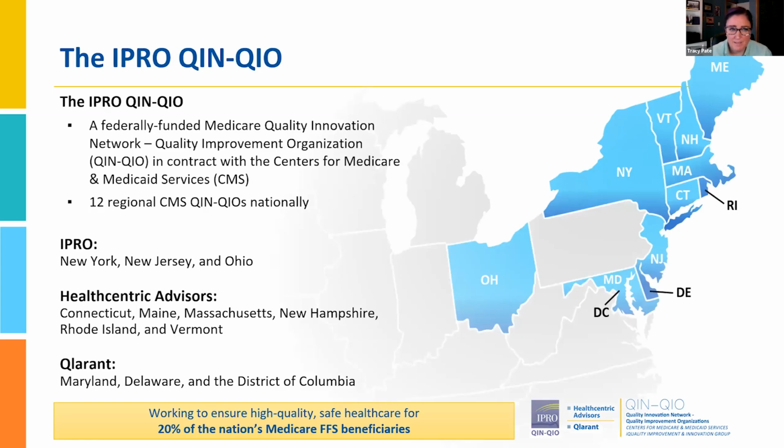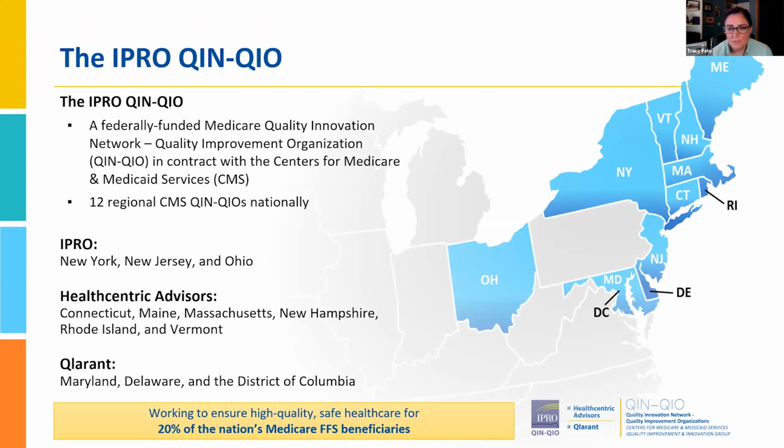Here we are on the iPro QIN-QIO family, so to speak, as I'd like to refer to us. iPro QIN-QIO is a federally funded Medicare Quality Innovation Network quality improvement organization.